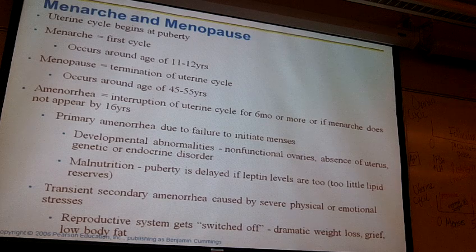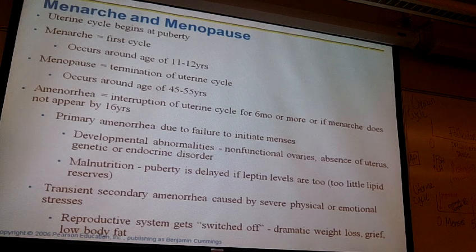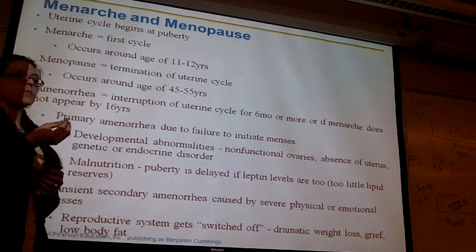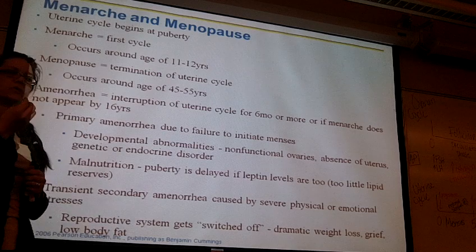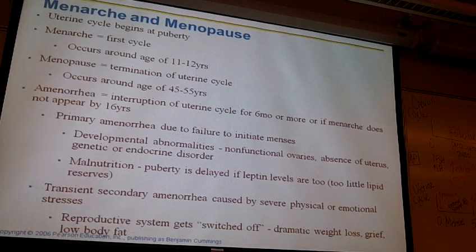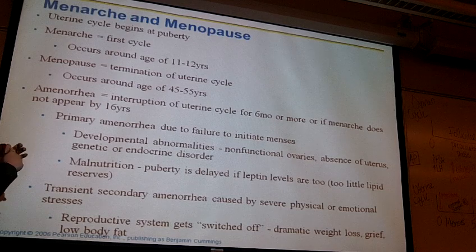Also, young girls are more overweight than they've ever been. And remember, adipose tissue releases hormones. And the hormones coming from the adipose tissue are basically telling the brain, oh, this body is ready to support a pregnancy. And then it triggers puberty earlier. Those are the two main thoughts.